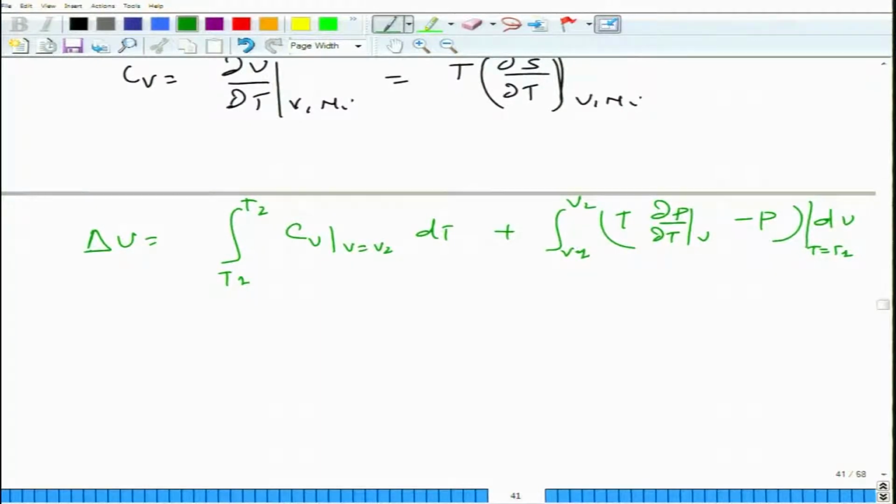So one way I have considered V constant taken to temperature T, and then the other one is we consider T constant.